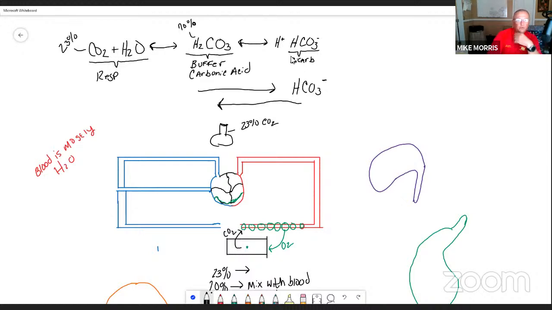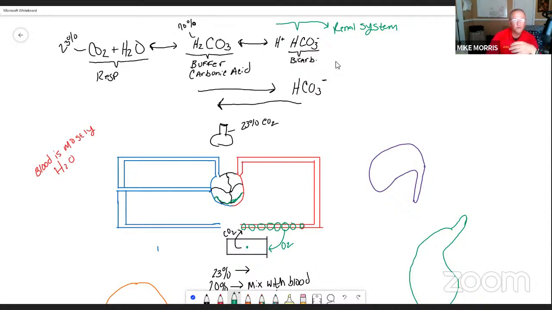Then we like to represent this side over here as the renal system, because we know that the kidneys play a role in acid base, a big role, but they're delayed to the game.